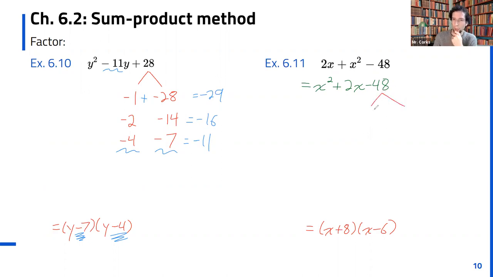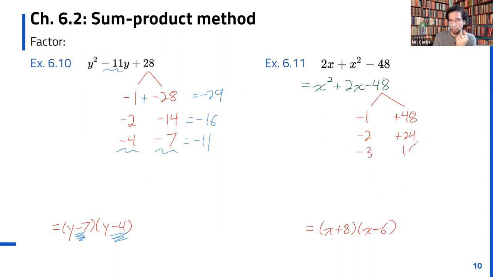Okay, so 48 factors here. So 1 and 48, and we said they must be different signs, and the one that's bigger must be positive. So that's a -1 and a positive 48. What are the next pair of factors? -2 and positive 24. I'll just keep the positive for clarity. And the next one? -3 and 16.